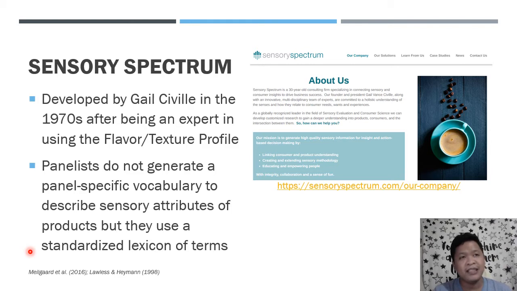So at least in this case, mas madaling mag-compare kasi halimbawa, if dun sa gumamit ng texture profile for example, magkaiba ng definition ng hardness kahit papano yung dalawang analyst, yung dalawang test, mas mahirap i-compare yon. And that has been one of the major complaints dun sa mga texture profiling, no?